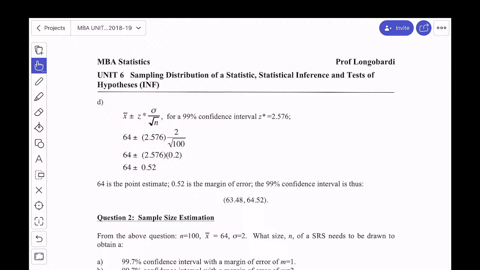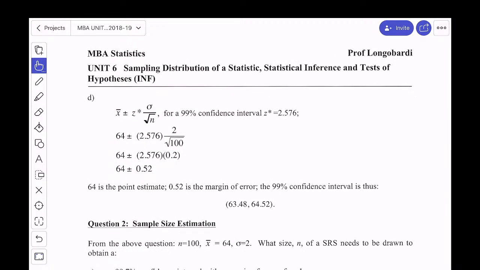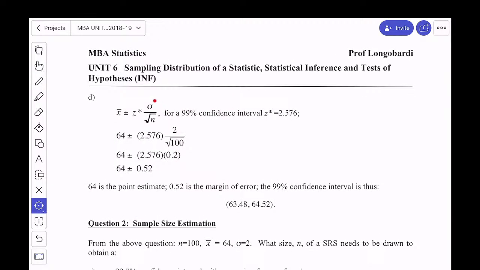Now, what do we do if we don't know sigma? If we don't know sigma, we have to use the best guess of sigma that we have, and that is S, the sample standard deviation. But to compensate for using an estimate instead of the true value, we have to use the t-distribution instead.